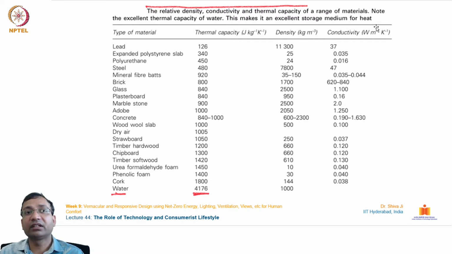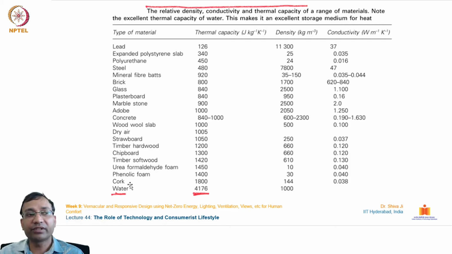Okay, so further, coming to the conductivity column over here. Lead has one of the highest conductivities, and the highest we can see here lies in the brick, and this is the reason why brick material gets heated very fast and absorbs heat very fast.